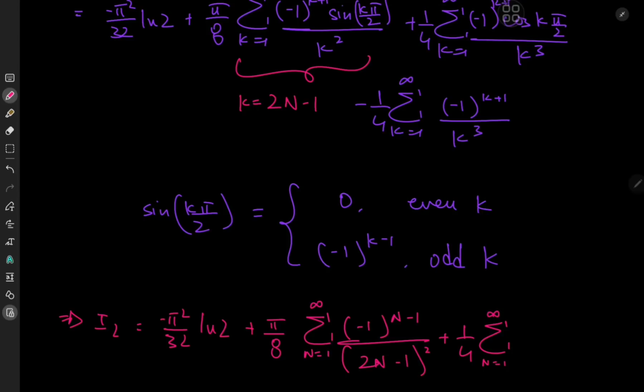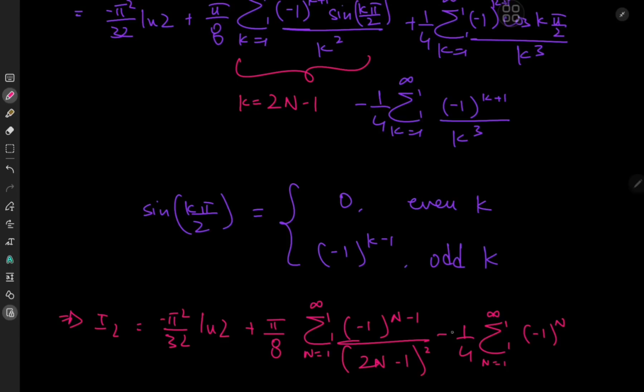So the sum runs from 1 to infinity of cosine of n times pi. And cosine of n times pi would be -1 to the n, correct? Yeah, it's -1 to the n, cosine pi is -1. We also already had a -1 to the k plus 1, k here being 2n, so we have 2n plus 1, which means we are going to have a negative sign.